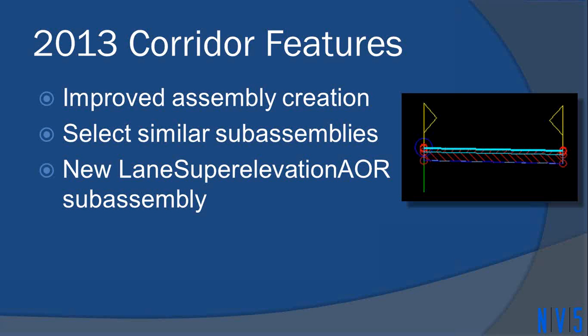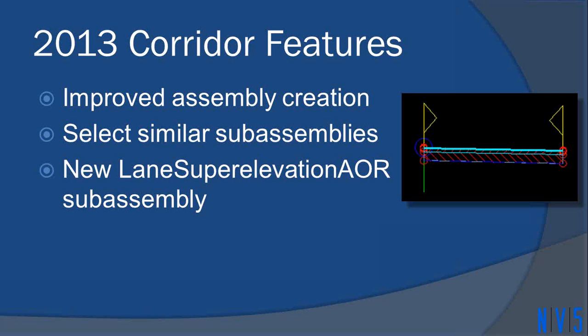It has a parameter where you set whether it's using the inside or the outside lane super elevation. And what this will do then is it highlights these little yellow flags indicating where the potential axis of rotation points are on the subassembly, and it will then read that or use the appropriate one based on the super elevation parameters assigned to our alignment.